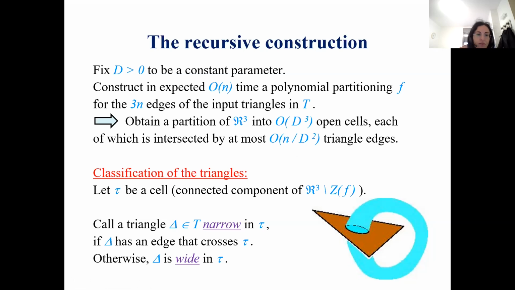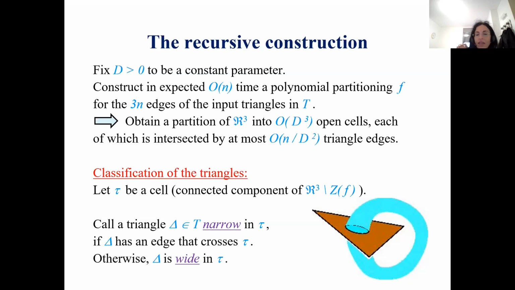But just for continuing my description, we classify the triangles with respect to every cell tau. That is, we are given a cell of the partitioning tau. This is an example of such a cell. They are semi-algebraic sets that can have all kinds of shapes, a torus or any other nice shapes that you can imagine.